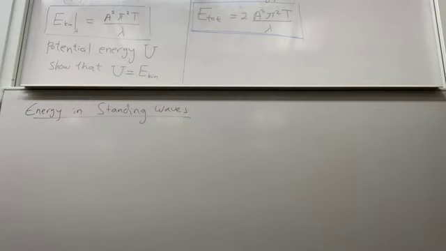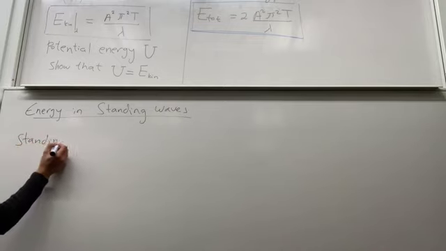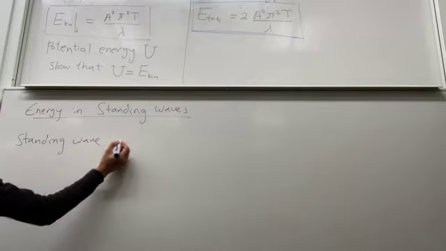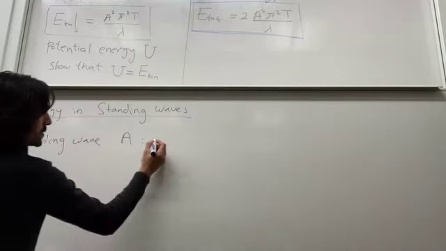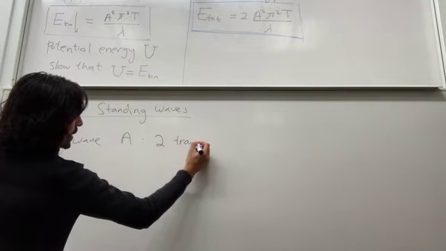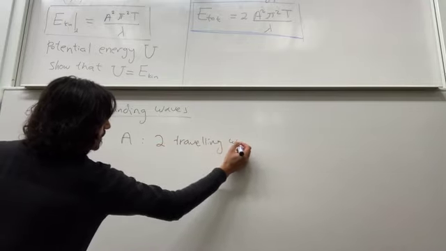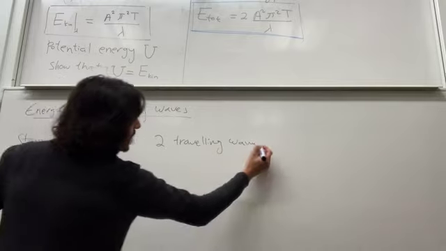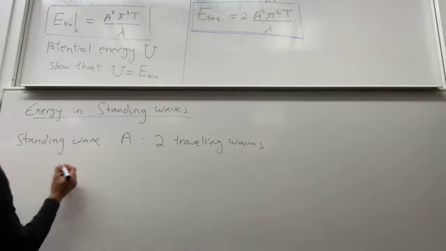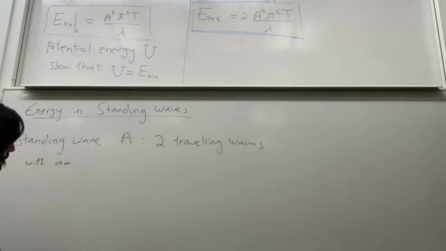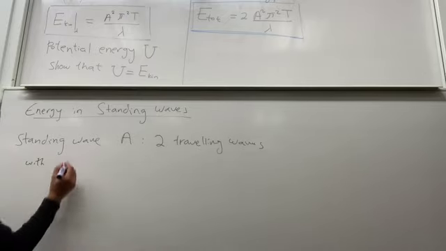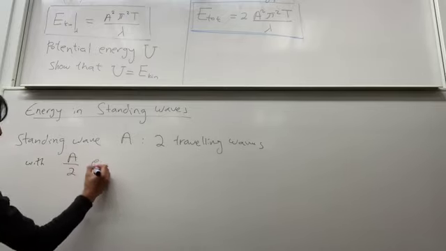To generate a standing wave with amplitude A, you need two traveling waves with amplitude A over 2 each.